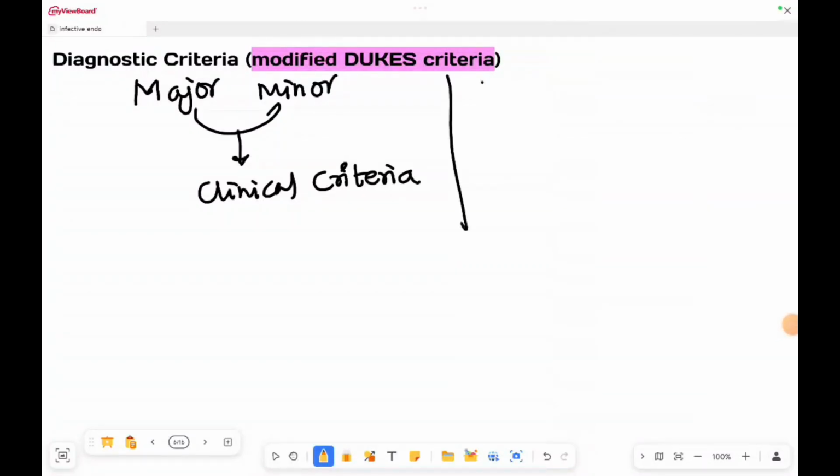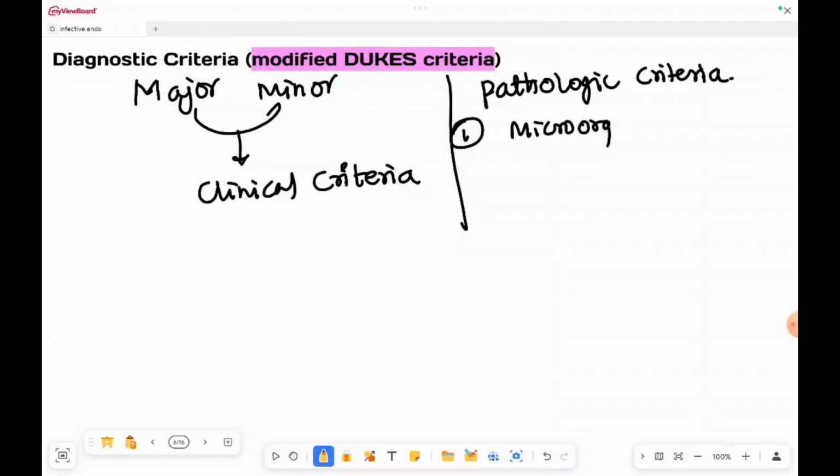And there is pathologic criteria. First we will say about pathologic criteria, then we will go for clinical criteria. In pathologic criteria, there should be microorganisms in culture.